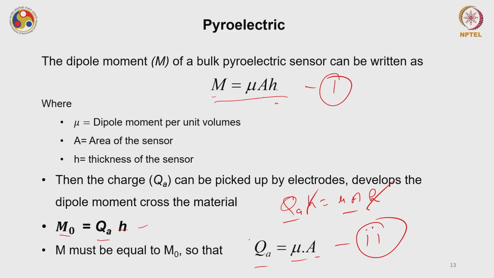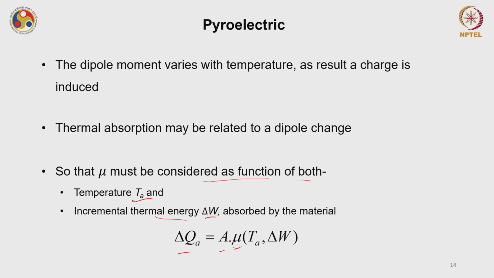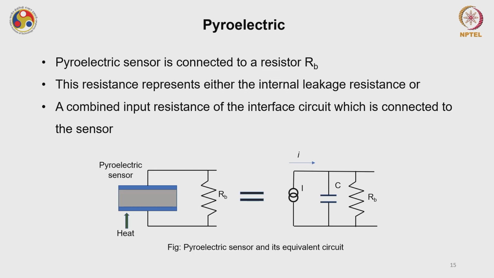The second equation shows Q is equal to mu into A, or del Q can be written as A into mu, where this mu is a function of Ta and dW that we have just seen. So, this charge is very important and this is what we intend to detect in the sensors that we are going to discuss in the next modules.